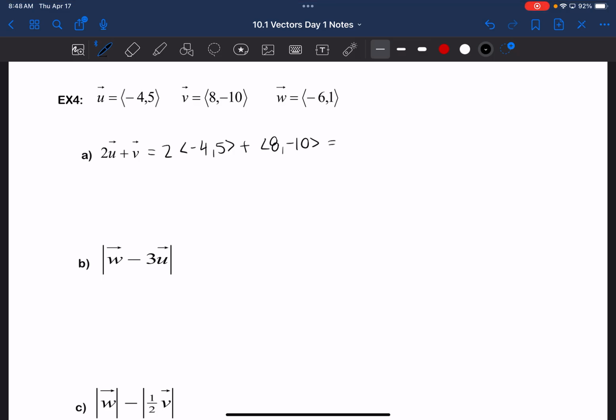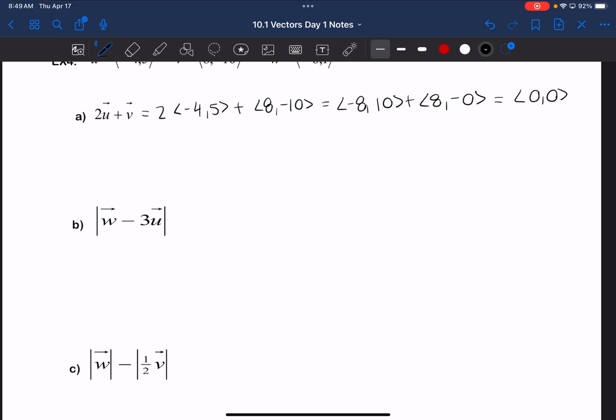So when I multiply by 2, I get, good. And then I'm going to add (8, -10), the vector. And what's that going to give us? (0, 0). Right. So easy enough. They did not have any bars on there, so they didn't ask us for magnitude or distance. That's where I'd stop. Okay.